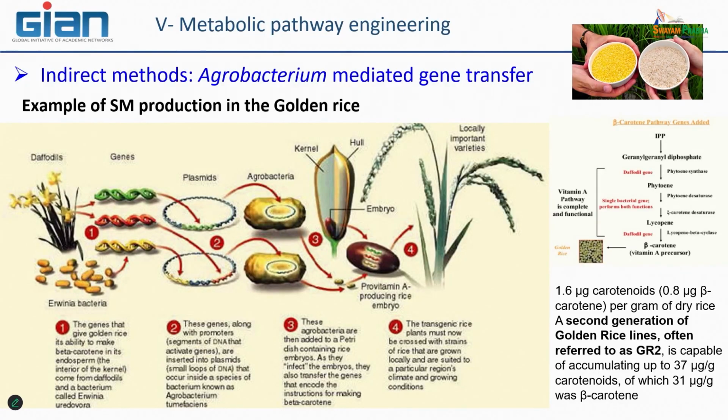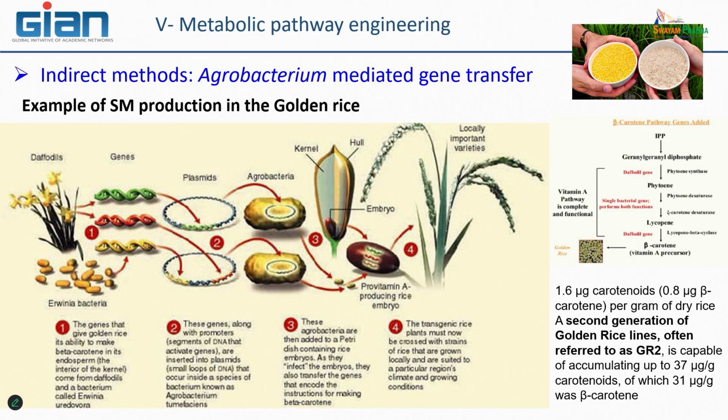So what they have done, they have first made a recombinant plasmid including the two genes from the daffodil, and another plasmid including the gene originating from the bacteria. They have made two recombinant agrobacteria that include the genes in the T-DNA parts, as I have shown you.